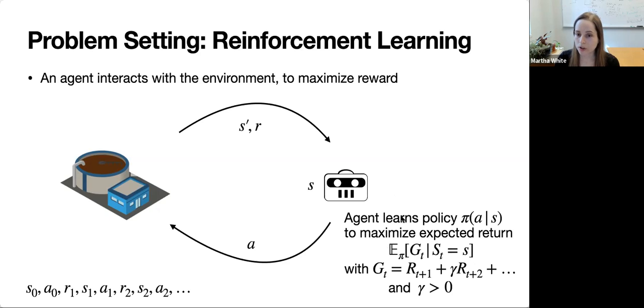And the agent's goal is to learn some policy pi that says in a state, this is how I take an action so that I'm going to maximize this expected return into the future. So here the expectation is explicitly conditioned on pi to indicate this is the return I would get if I were to run my policy pi. And now I want to find a pi that makes this expected return as high as possible. Okay, so that's our problem setting when we're trying to learn this policy.